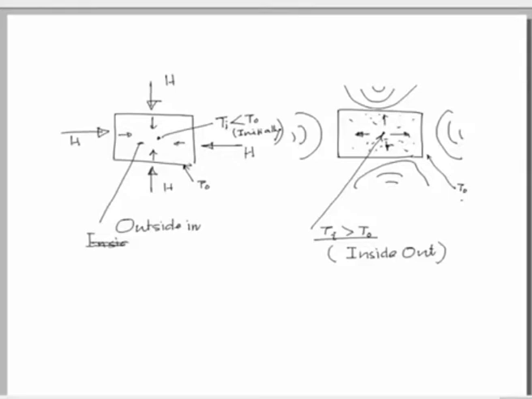Heat energy or heat flux will flow from inside to outside, which is contrary to the outside to inside concept in conventional heating, as we have shown here. So, this is the basic difference in material processing using microwave energy.